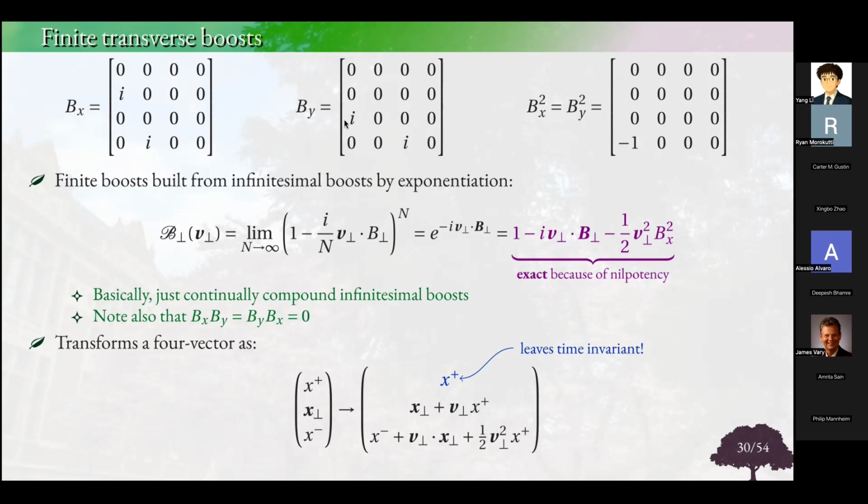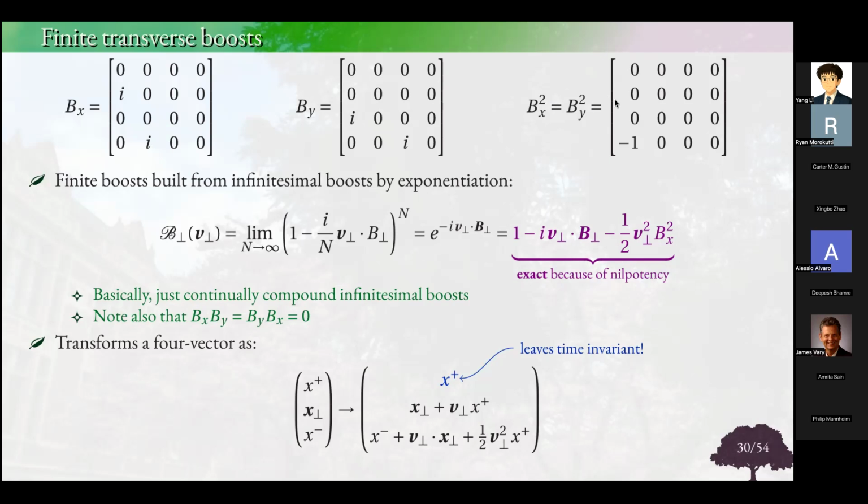And you get a contribution to x minus, which involves dotting p perp with x perp. You can see that by looking at the last row. You have a non-zero component in the x column for bx, and the y column for by. This all multiplies minus I, so you end up getting plus.